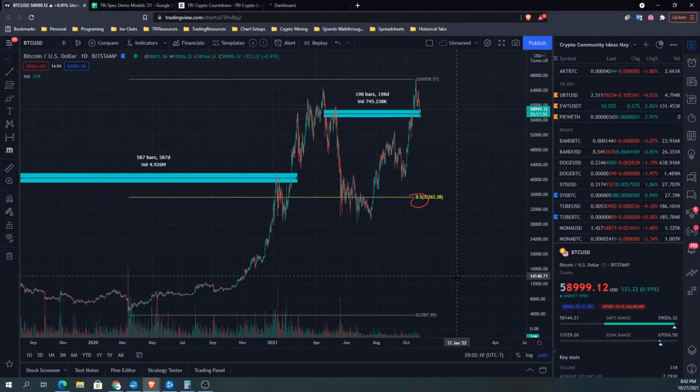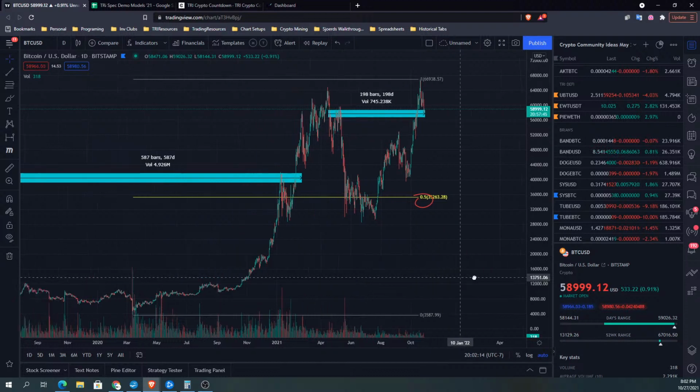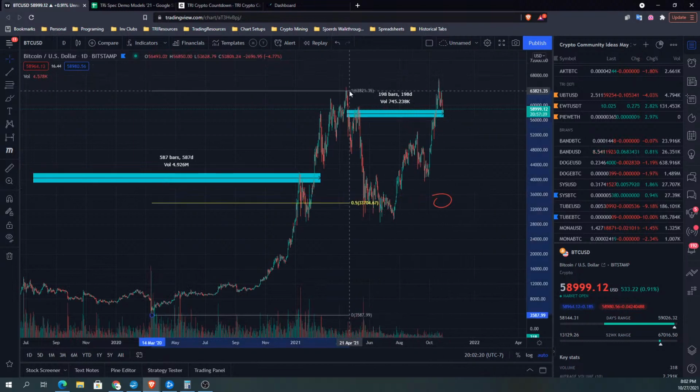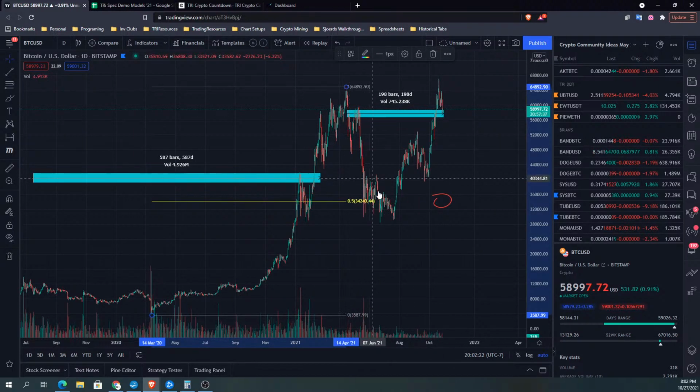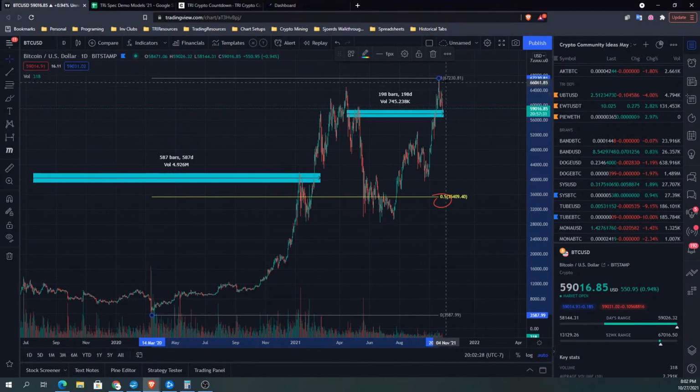Even if we did go back down to that 50%, it only took us an eighth of the time or a quarter of the time. Does that still leave it on the table for squaring with the time piece of it? Well, what I'm thinking is that the squaring of price and time will now have to go off of that.